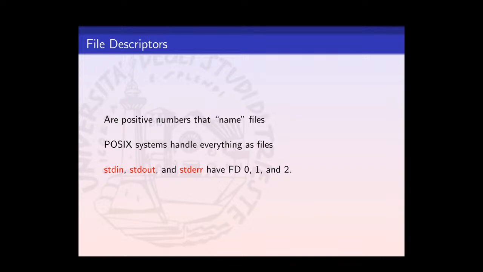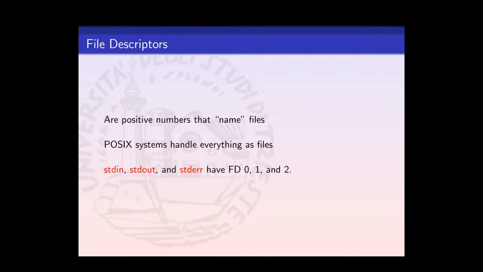Now, all the files, those things that you are used to handling also in Windows, are internally represented as numbers by the operating system. Once you open a file, the operating system refers to that file as a number. And these numbers are called file descriptors.